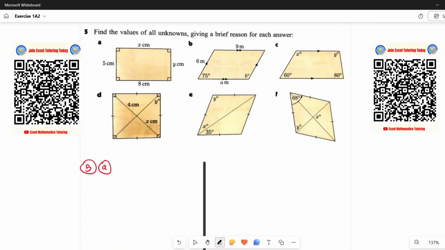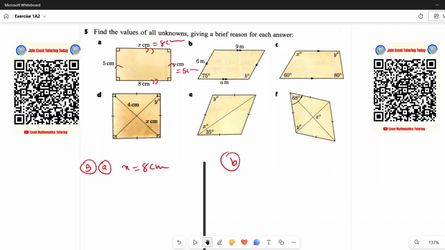You all know that these two sides are parallel for a rectangle and the other sides are parallel and equal length. So if this is 5 centimeter, means y equal to also 5 centimeter. Opposite sides are equal and they are parallel. So 8 centimeter here means the other value x is here 8 centimeter. So x equal to 8 centimeter.